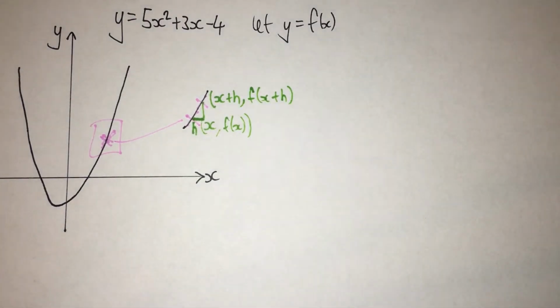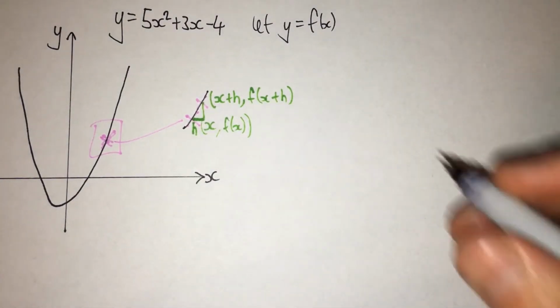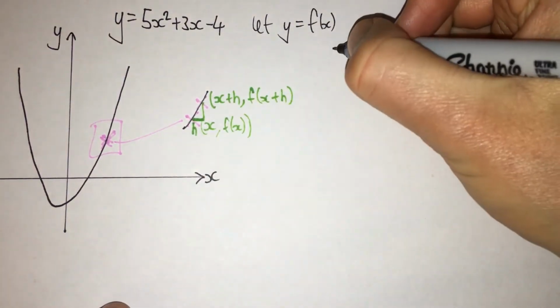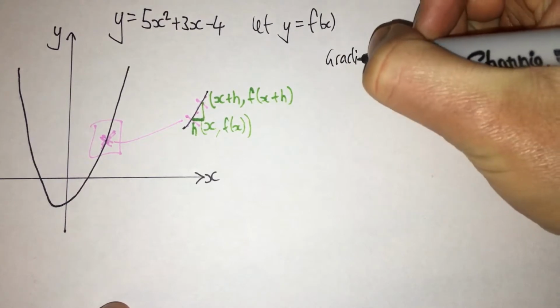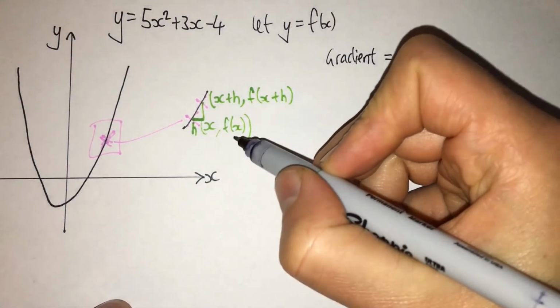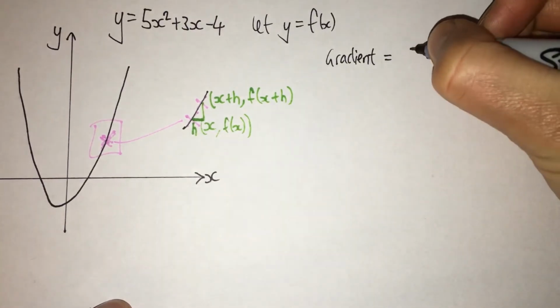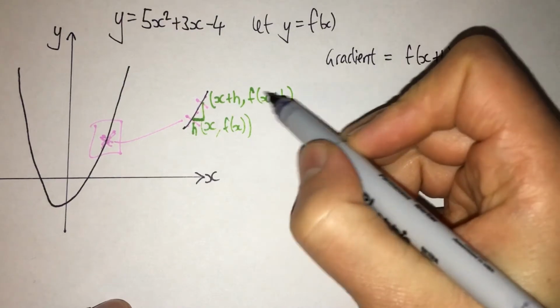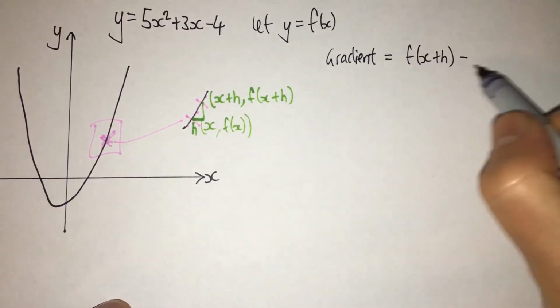Now we know how to work out the gradient of a line. The gradient of this chord is going to equal the difference in y over the difference in x. The difference in y is f of x plus h minus f of x. And the difference in x is x plus h, and we want to take away x. Let's tidy this up a little bit.